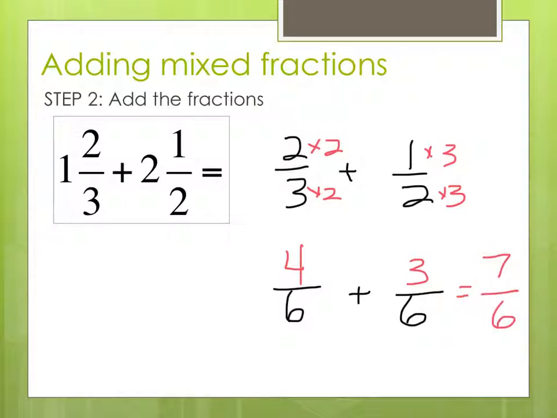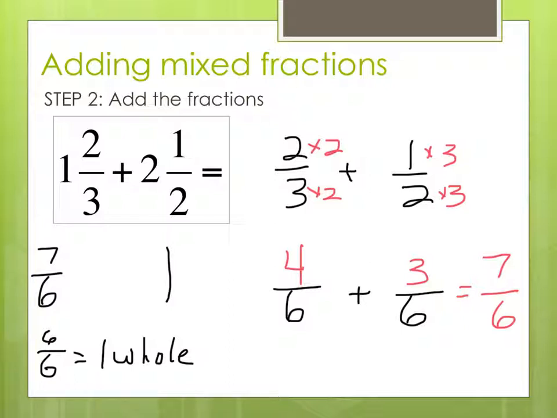Well, 7/6 is an improper fraction. And we need to make this into a mixed fraction. So in order to do that, let's go ahead and write 7/6 over here. We know that 6/6 is equal to 1 whole. And so we already know we have 1 whole left.